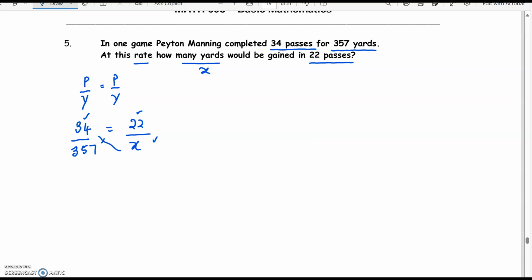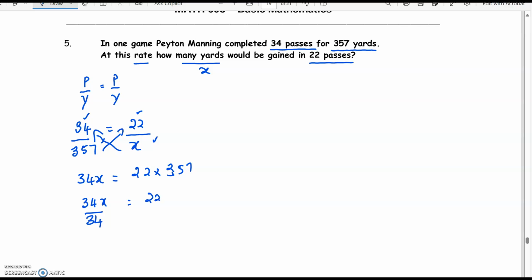Okay, so now let's quickly solve this. So we have 34x is equal to 22 times 357. Divide both sides by 34.